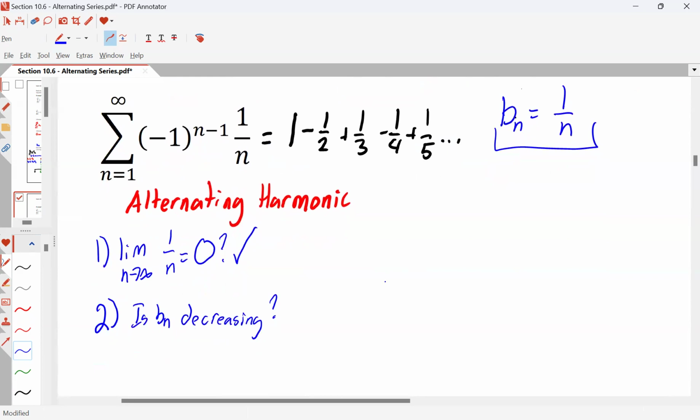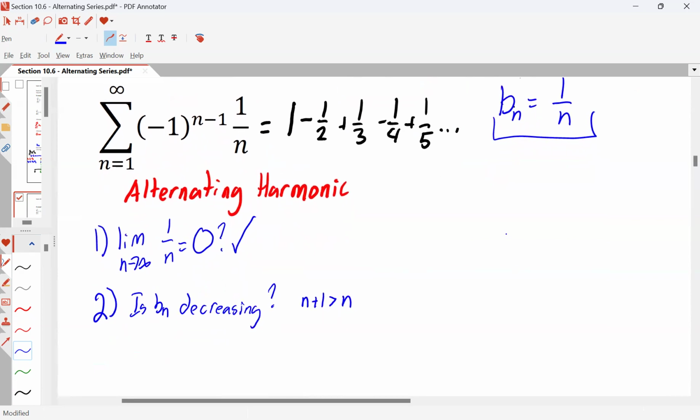There's a couple ways to check this for this one. What is really nice is because it's so simple, we can just say, if I'm looking at the next term, n plus 1 is bigger than n, this means that when I take the reciprocal of these, 1 over n plus 1 is less than 1 over n.